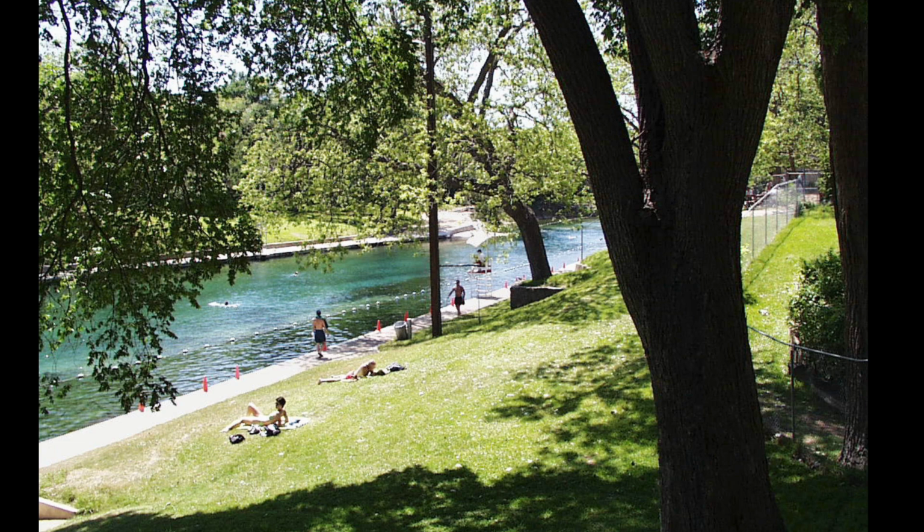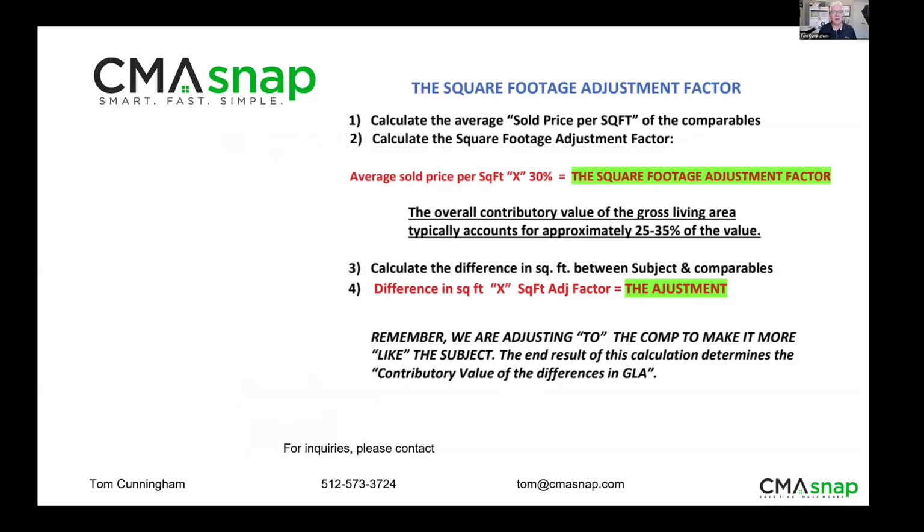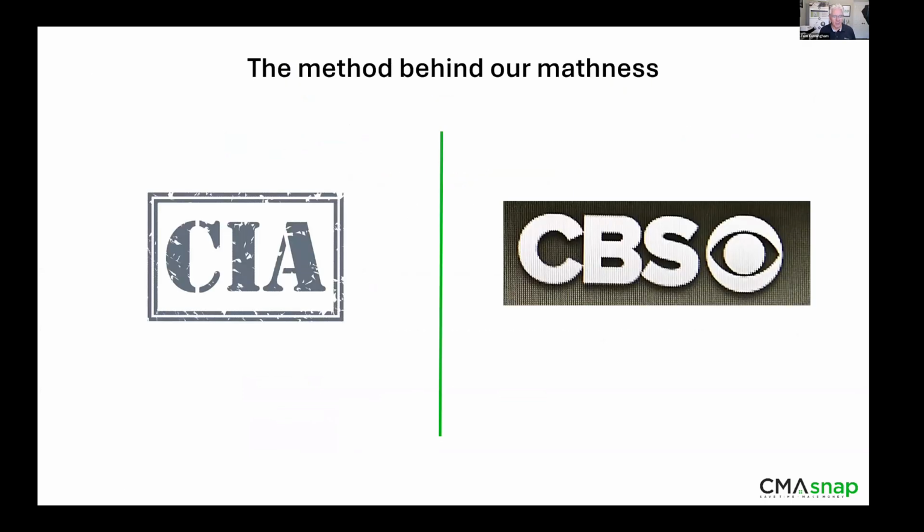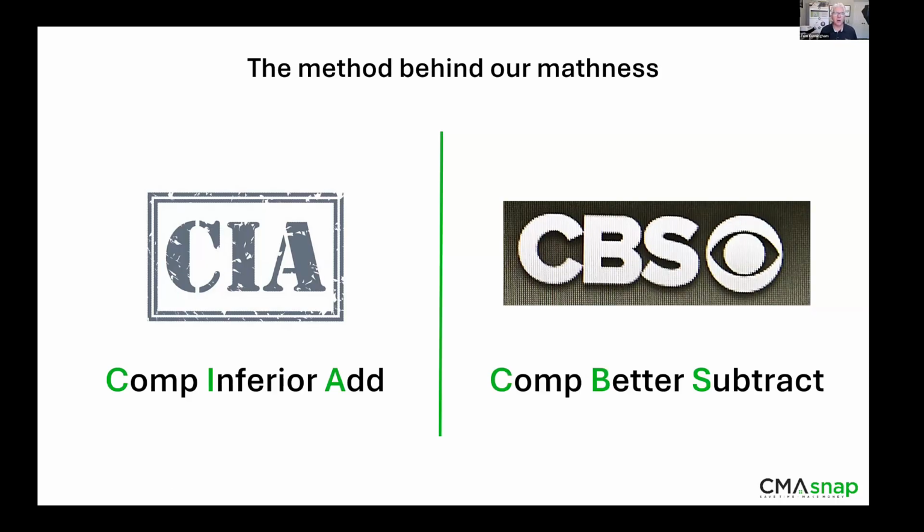This is the square footage adjustment that we use, and it's fairly standard. This is kind of what it looks like on paper. And we apply CIA CBS. Anybody know what CIA CBS stands for? Okay, all right. CIA CBS stands for: if the comp is inferior, you add, and if the comp is better, you subtract.